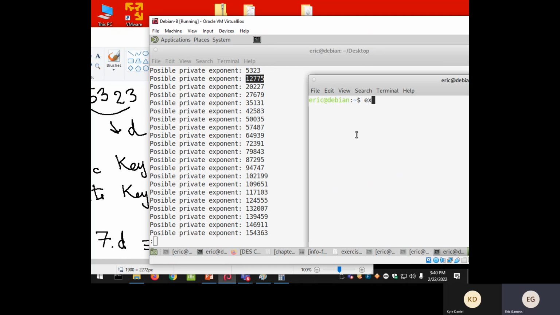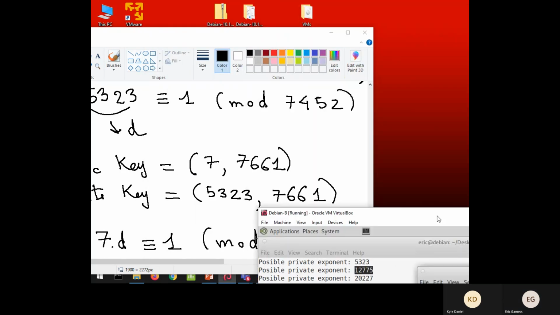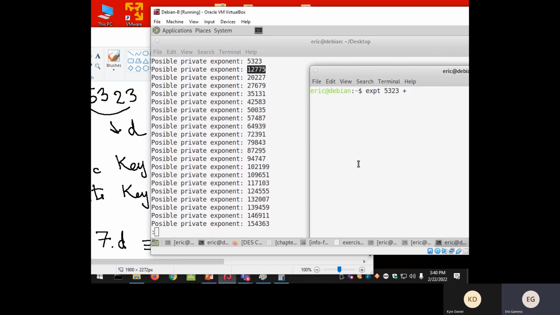Let me compute 5,323 plus 7,452 with expr, sorry. It's giving me 12,775. How do I get the next one? I took 12,775 plus 7,452. So it's giving me 20,227, and I keep going like that.